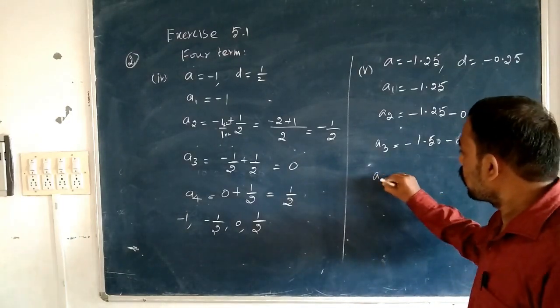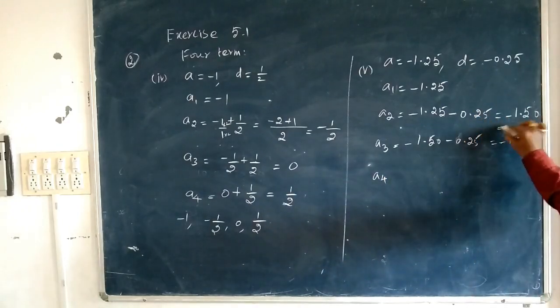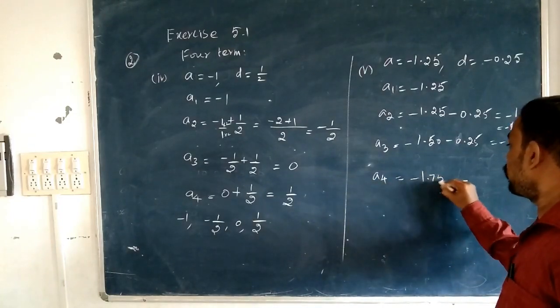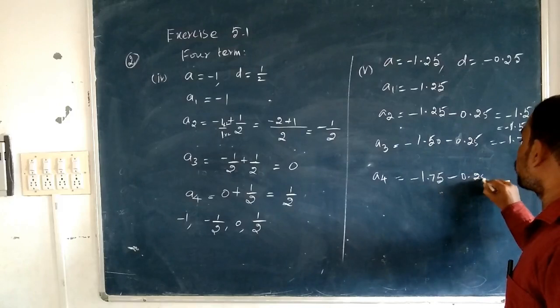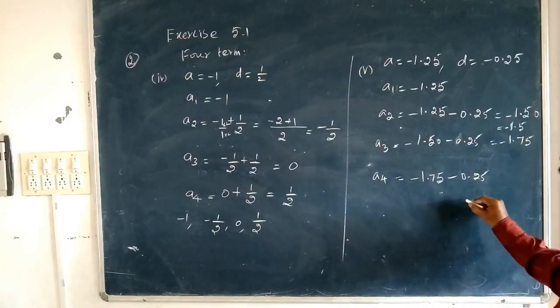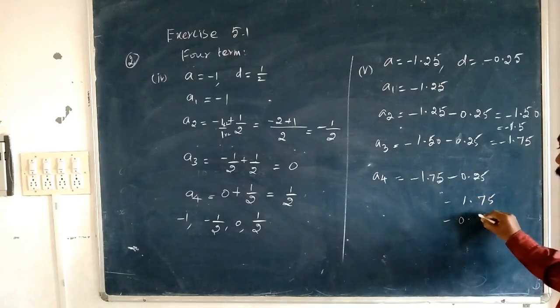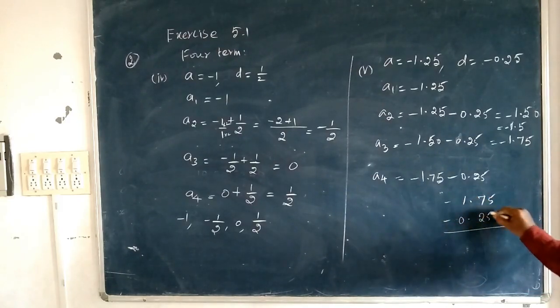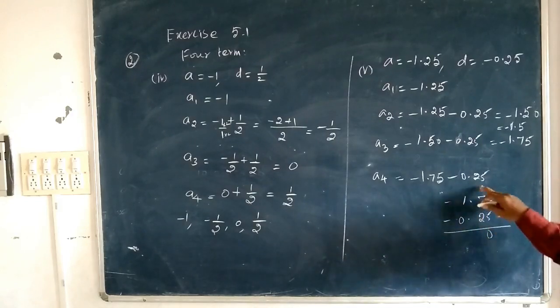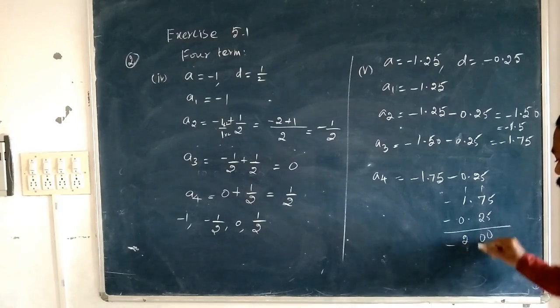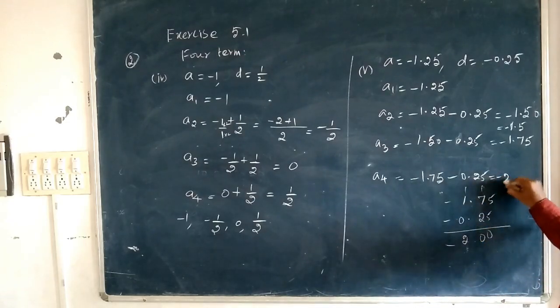Next, this one, minus 1.50 we can write as minus 1.5 also. Right. A4 equal to minus 1.75 minus 0.25. We need to add, so minus 2.00, equal to minus 2.